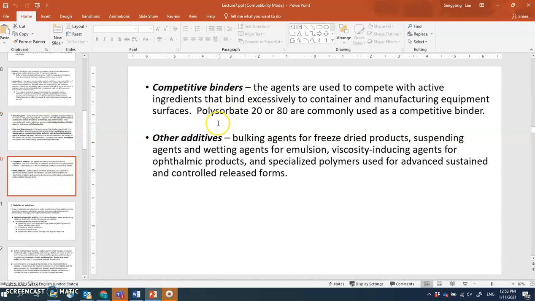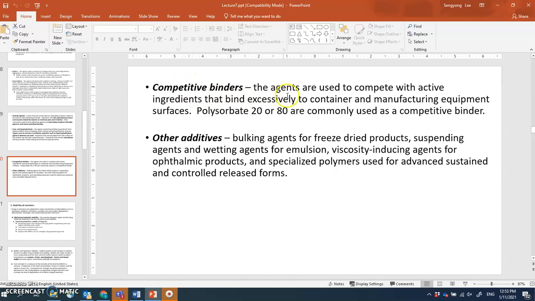And competitive binders. If your API strongly binds to the containers and sticks to them, you will lose it, because it doesn't come off and go into the patient's body when you give the injection. So you want to prevent that binding of the API on the primary container. How do you do that?